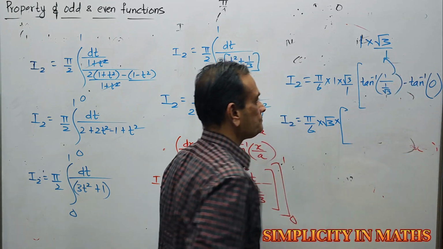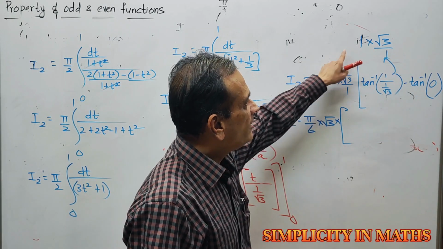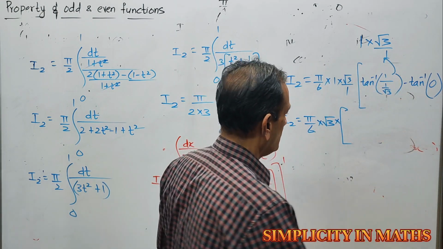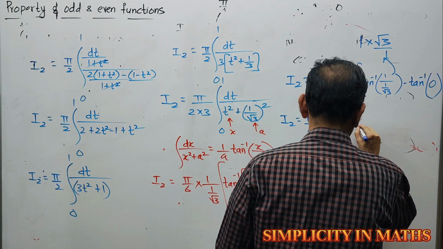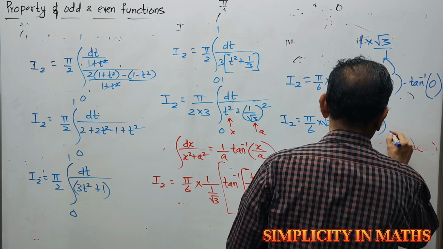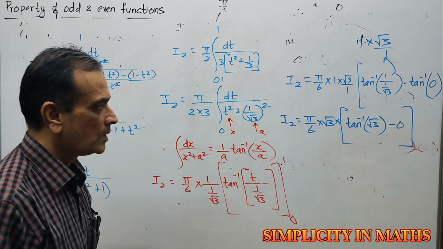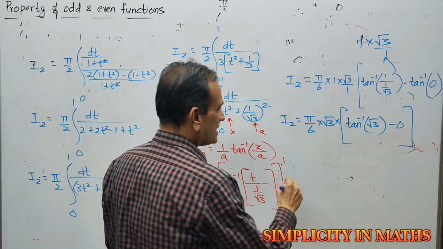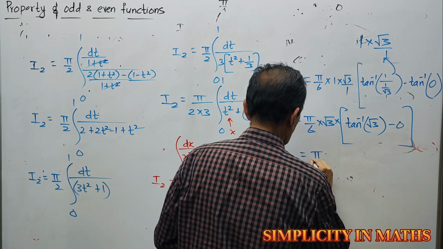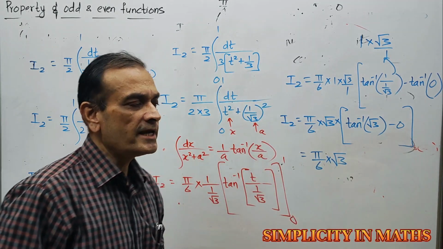It went up. 1 into root 3 goes up. Tan inverse 0 is 0. So your answer is pi by 6 into root 3.